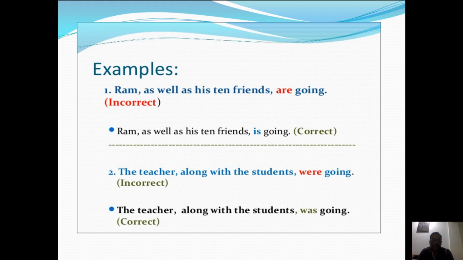Getting? The second example: the teacher along with the students were going. In this second example, "along with" is there. The answer should be: the teacher along with the students was going. Why "was"? Because it is asking for past tense. Getting?